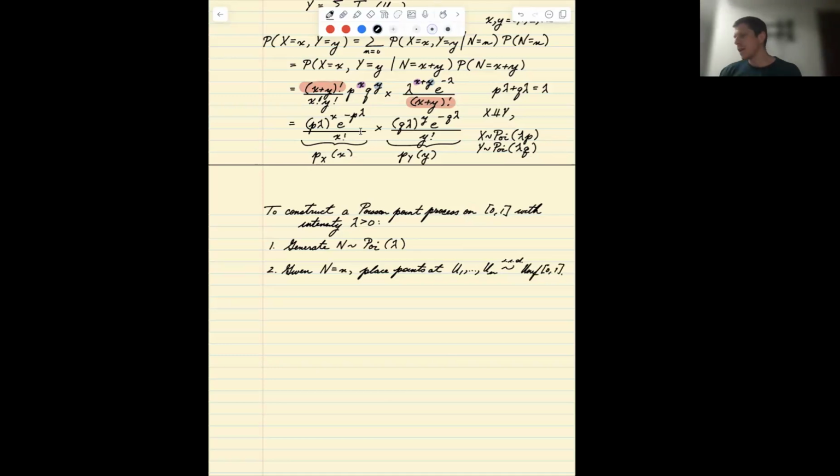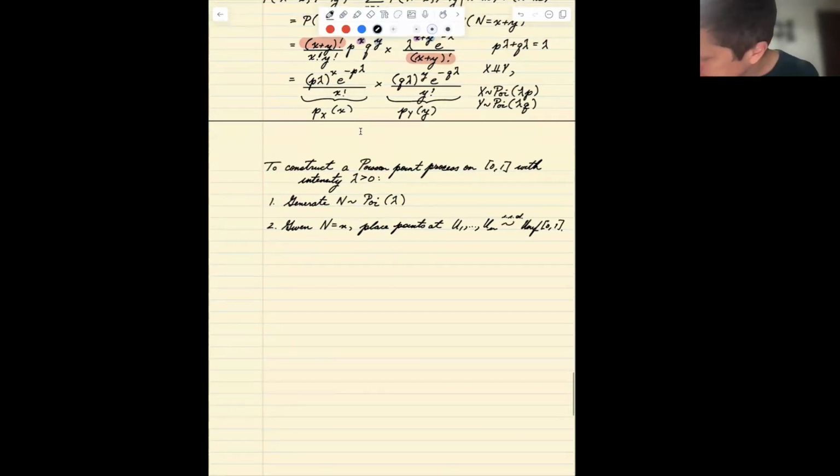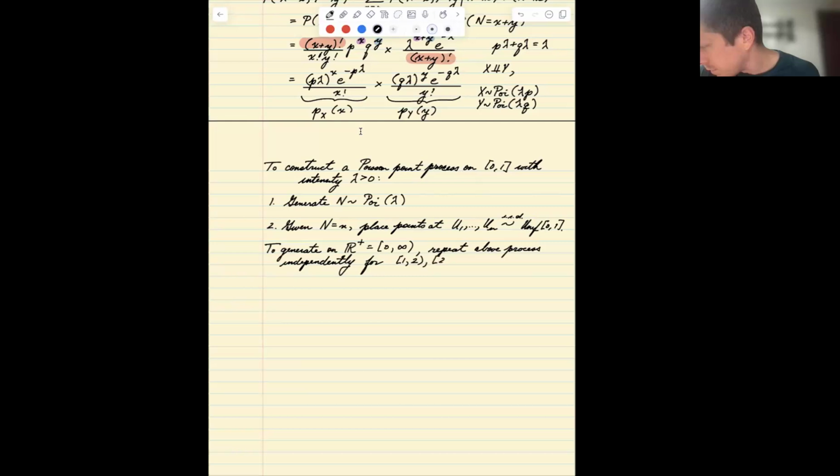If we want to generate on all of the positive real numbers, 0 to infinity, we repeat the above process independently for, let's say, the interval 1 to 2, the interval 2 to 3, etc.